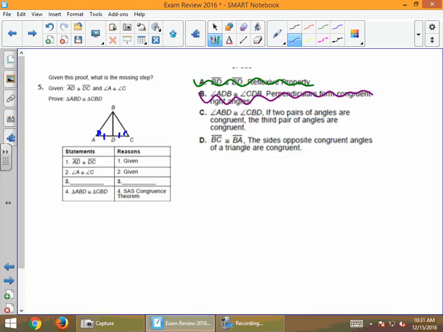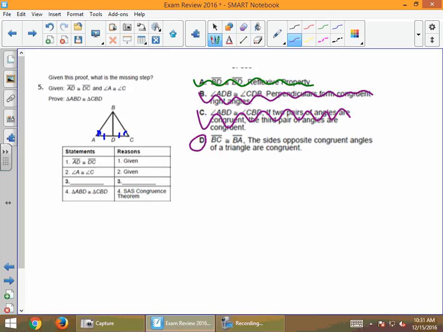That can't be it. For C, it says angle ABD is congruent to CBD, saying if two pairs of angles are congruent, then the third pair of angles are congruent. Well, we only have one angle in each of those triangles that are congruent. We don't have a second one, so C doesn't make any sense. Can't use C. So by process of elimination, our answer is D.